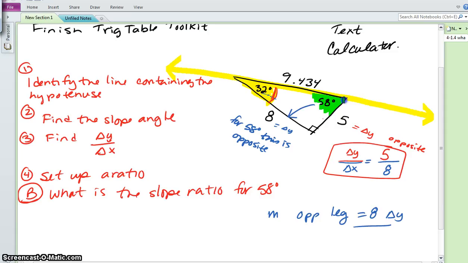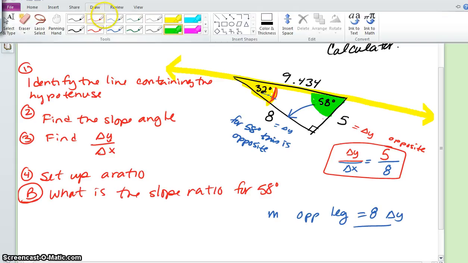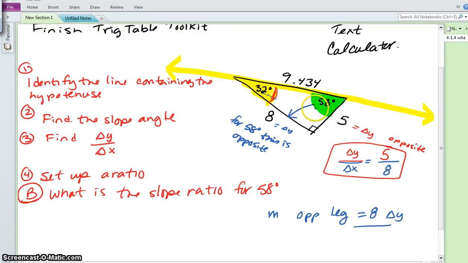So either of the acute angles in the right triangle can be considered. And adjacent to the 58 is 5. Now this would be change in x for the 58-degree angle.